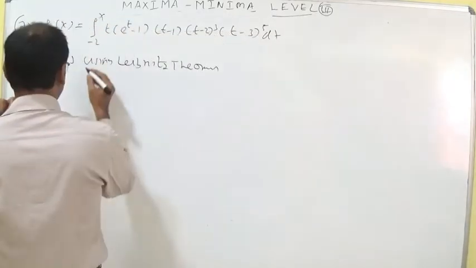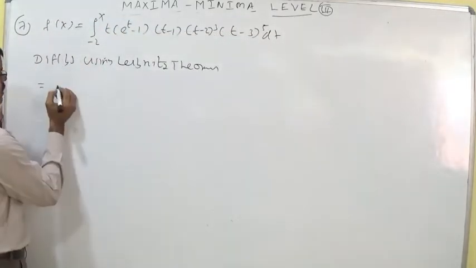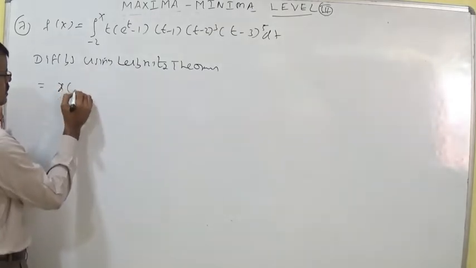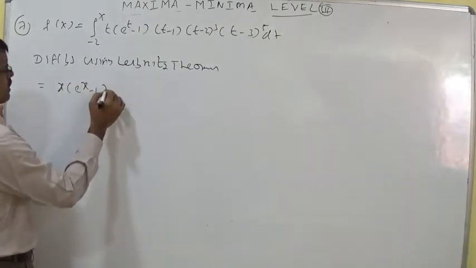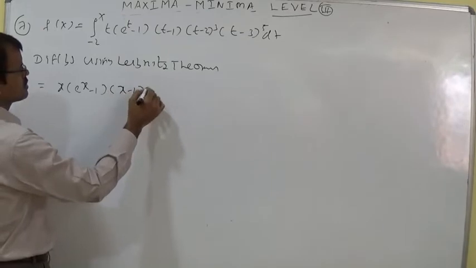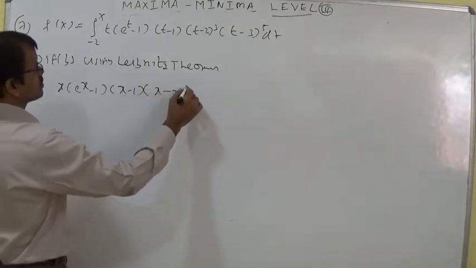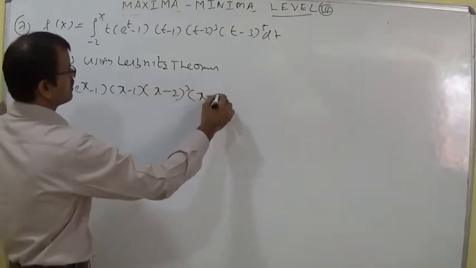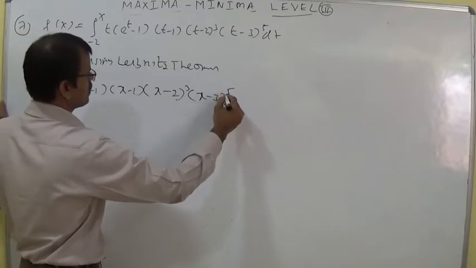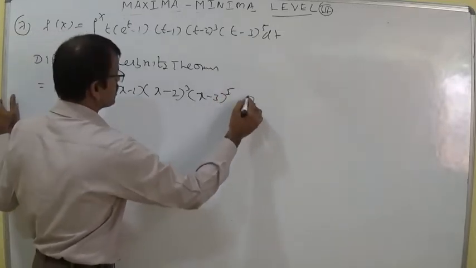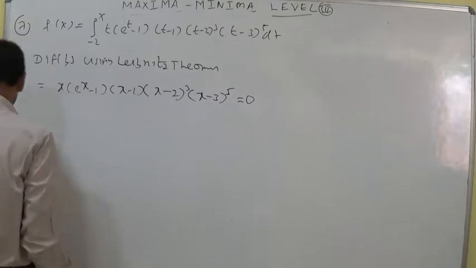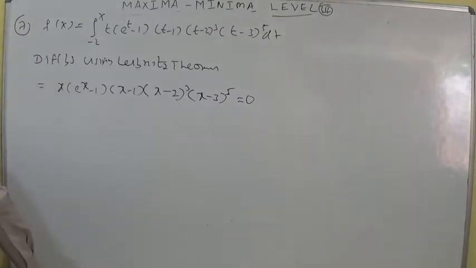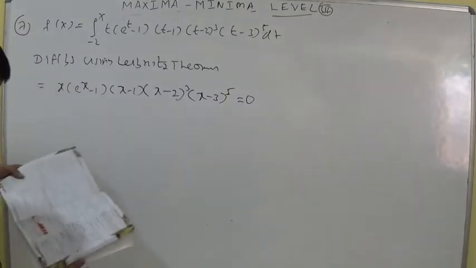So simply substitute x instead of t, that's all. So x into e power x minus 1 into (x minus 1) into (x minus 2) whole cube into (x minus 3) whole power 5. You can put this equal to 0, because whenever you are calculating min or max, you should take f'(x) equal to 0.